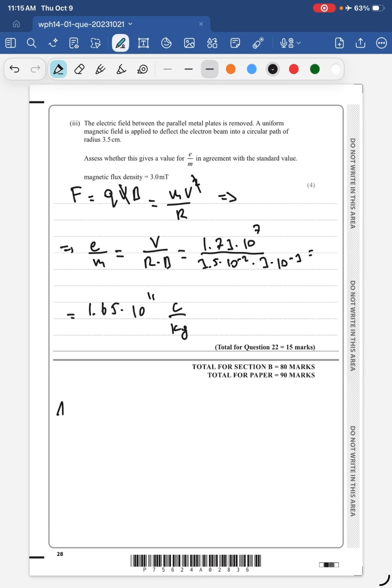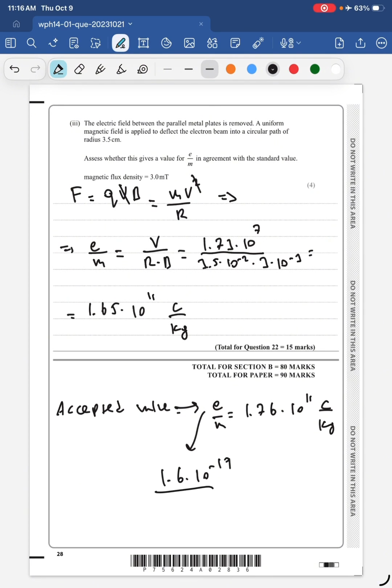The accepted value is E over m equal to 1.76 times 10 to the 11 coulombs per kilogram. And you find this by simply using E as 1.6 times 10 to the negative 19 over 9.11 times 10 to the negative 31.